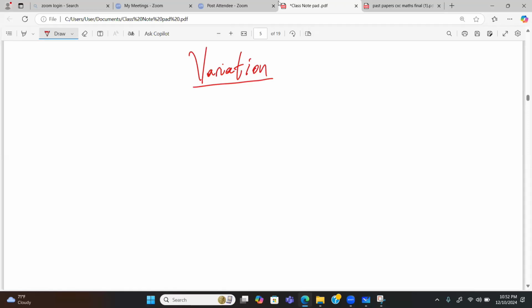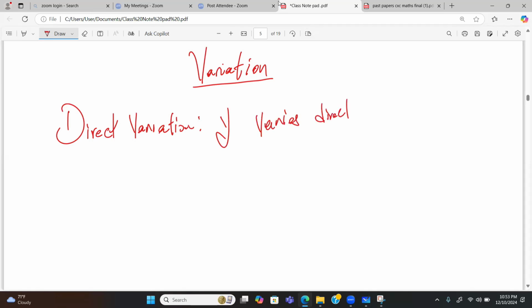Right, so in this video, what we want to look at is variation. There are two types of variation that we're looking at. One is the direct variation. And with a direct variation, it looks like this. Let us say y varies directly as x.